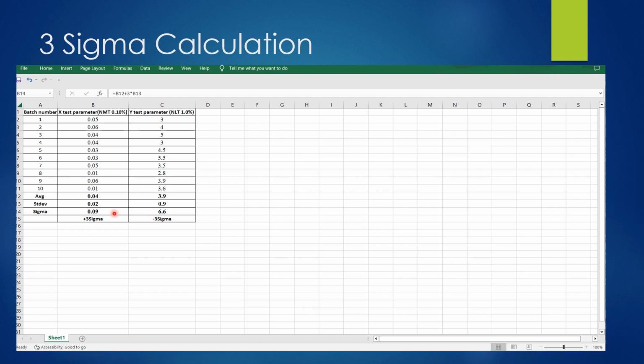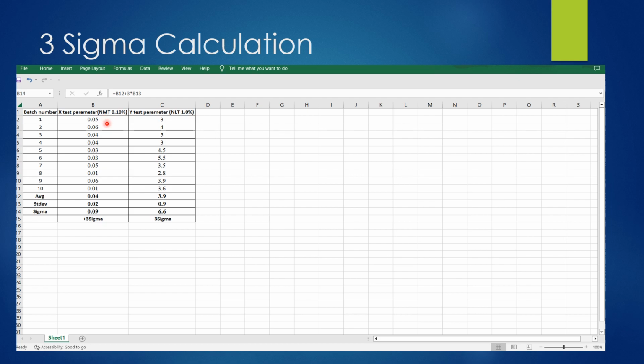So here in this case, as we have seen, we have plus 3 sigma as well as minus 3 sigma. Plus 3 sigma is calculated for the test parameters whose limit starts with not more than.